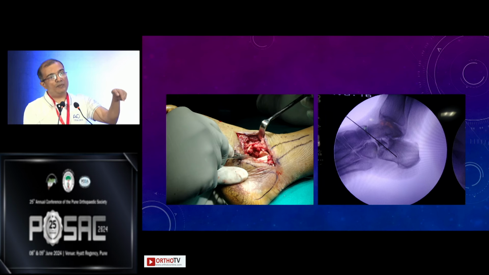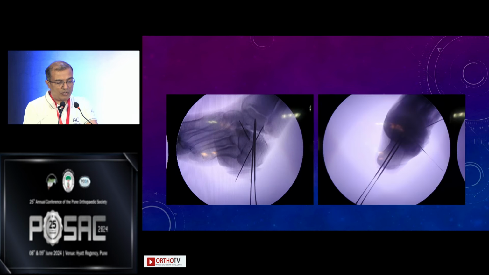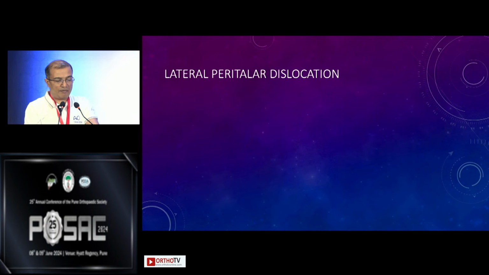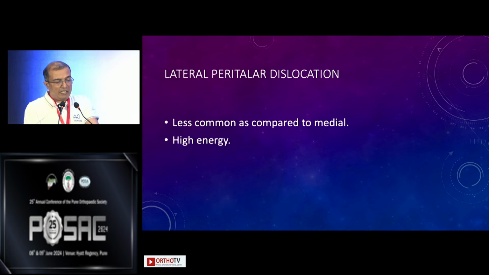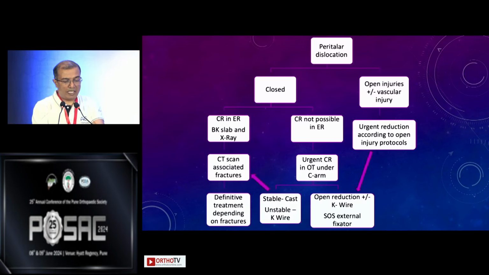If not possible, open reduction. Got it? So this is how the subtalar and talonavicular joints were fixed with K wires, and then the peripheral talar fracture was managed. So lateral peritalar is less common than medial. It is a little high energy injury associated with some fractures and has arthritis more common than the medial one.